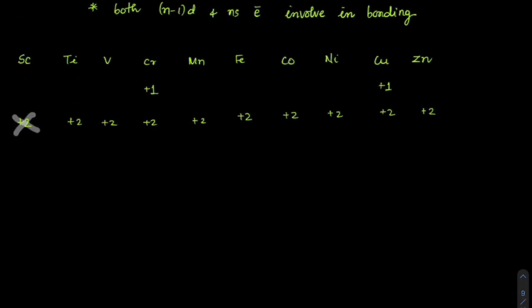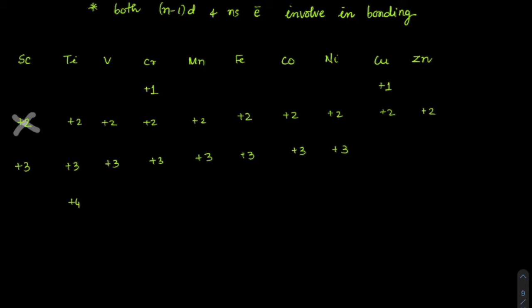Other than that, if we check out +3, definitely scandium shows +3. Vanadium shows +3. Chromium shows +3. Manganese does show. Iron will show. Cobalt will show. Nickel will show. Not copper and zinc. And when it comes to +4, now there are no electrons for scandium, so it is not going to show +4.